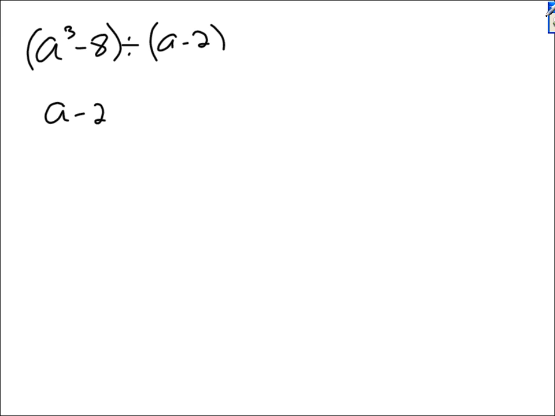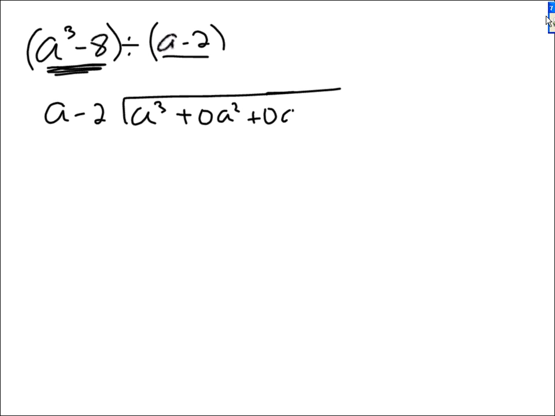Try one more. Suppose you have a cubed minus 8, and you want to divide that whole mess by a minus 2. That is, you want to do a minus 2, which is in descending order, into this. This is the cubic. We have 1a cubed, we have no a squares, we have 0 a's, and our constant is negative 8.